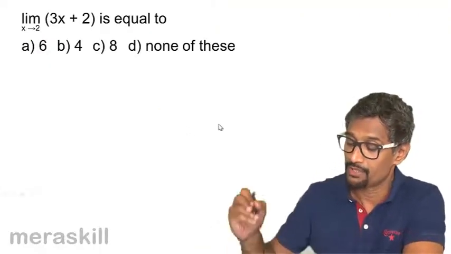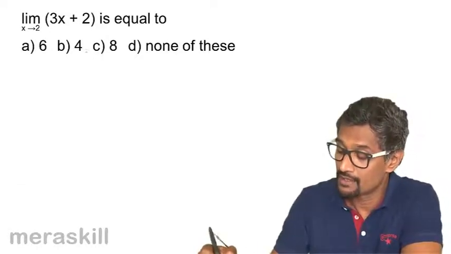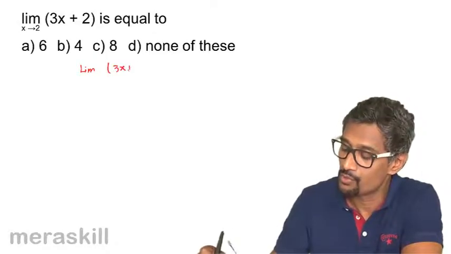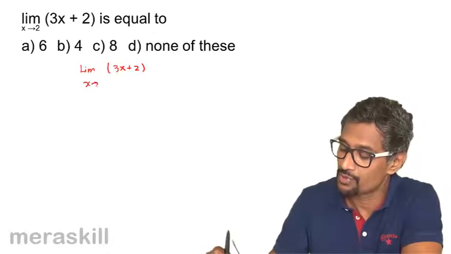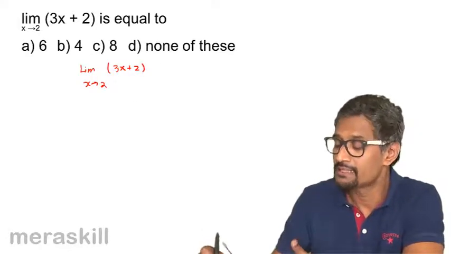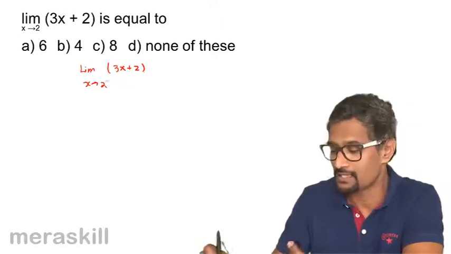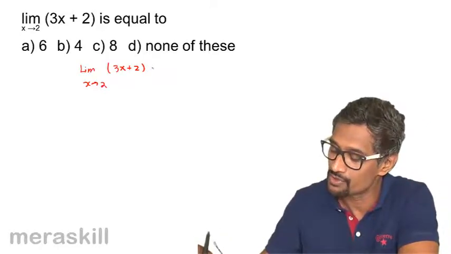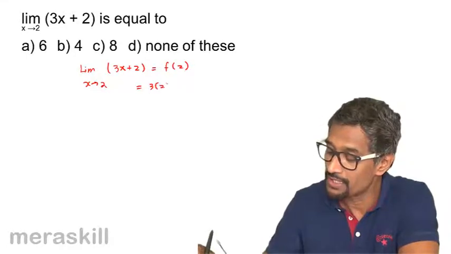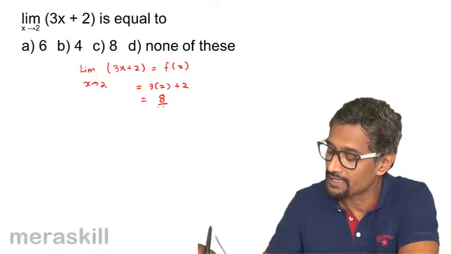Now here we have the limit of 3x plus 2 as x approaches 2. What is it equal to? First, is this a determinate function? It is very clearly a determinate function. In such cases, the limit as x approaches 2 is going to be f of 2 itself, which will be 3 into 2 plus 2, that is 6 plus 2, 8.